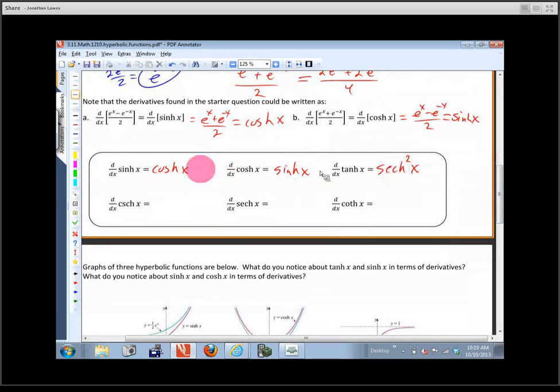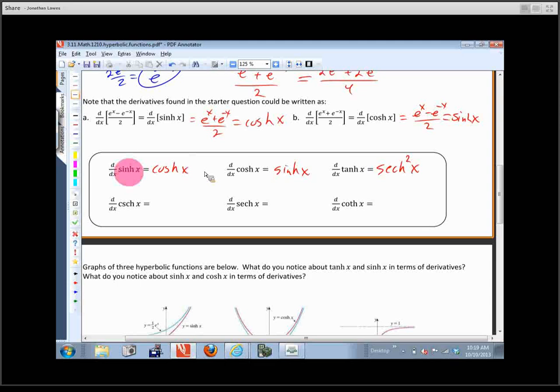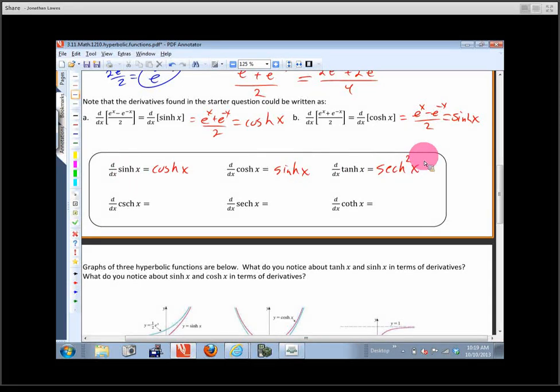All of these are positive, okay? All of these are negative. So the derivatives of those regular 3 trig functions that we're used to working with, their hyperbolic analogies, if you will, are all positive, okay? And the reciprocal ones are all negative.